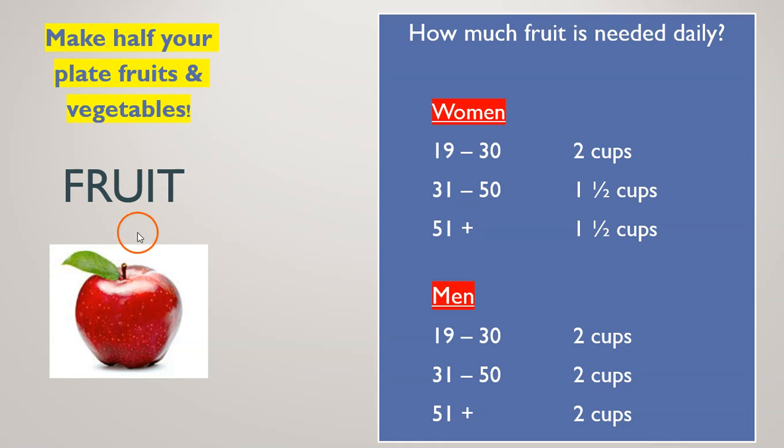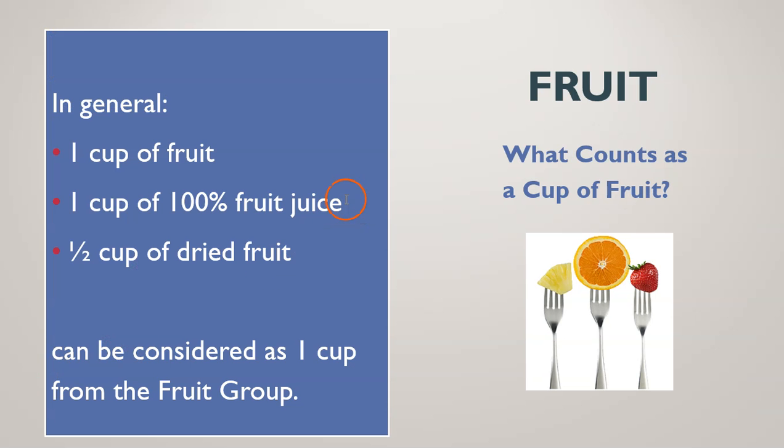Okay? Let's look more specifically at what counts as a cup. Common sense might tell us that a cup is a cup is a cup. If you look over to the left here, in general, 1 cup of fruit equals a cup. 1 cup of fruit juice equals a cup.